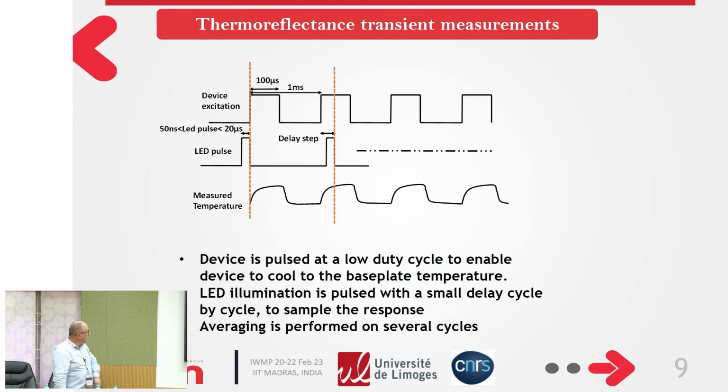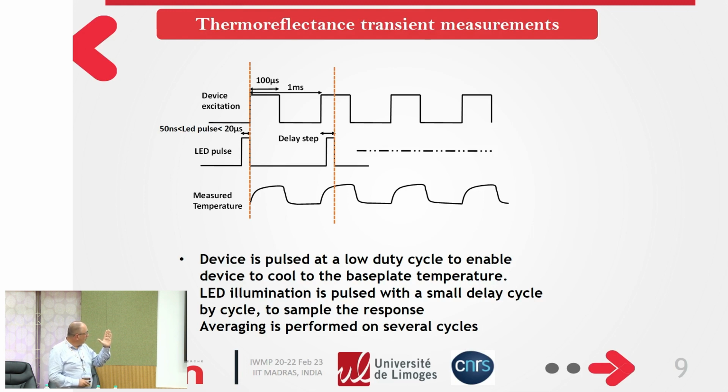For example, here we have 100 microseconds and a recurrence of 1 millisecond to have time for the system to cool down. And the LED pulse is applied. In fact, it samples the electrical excitation, and we have a delay.